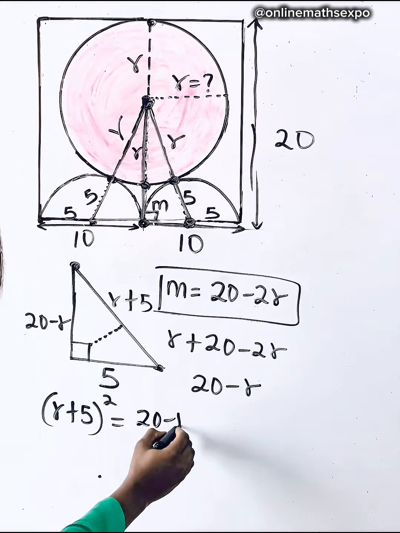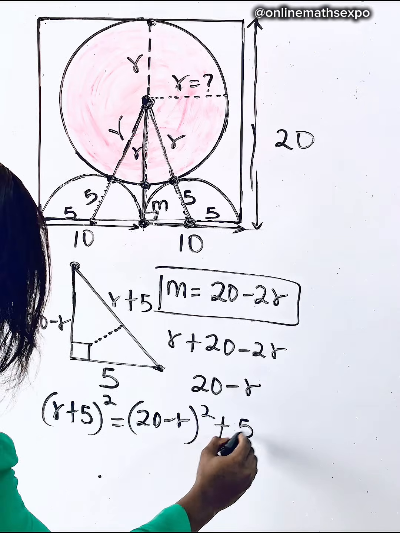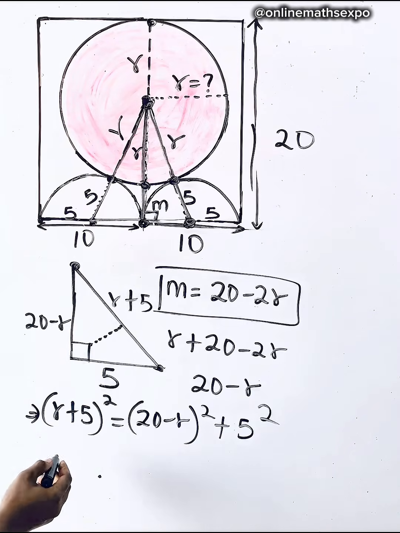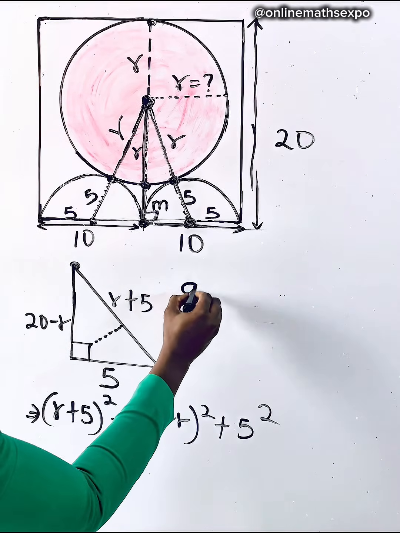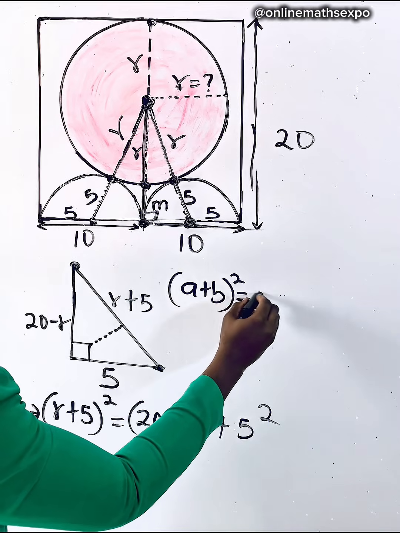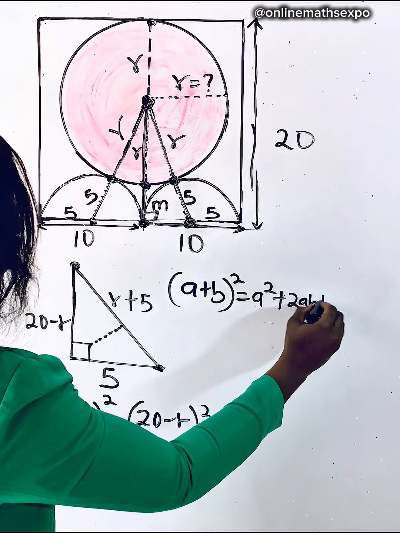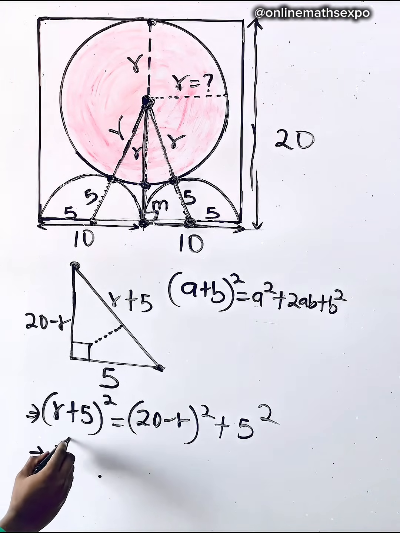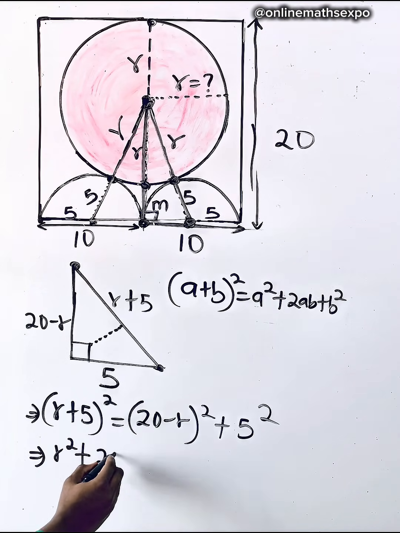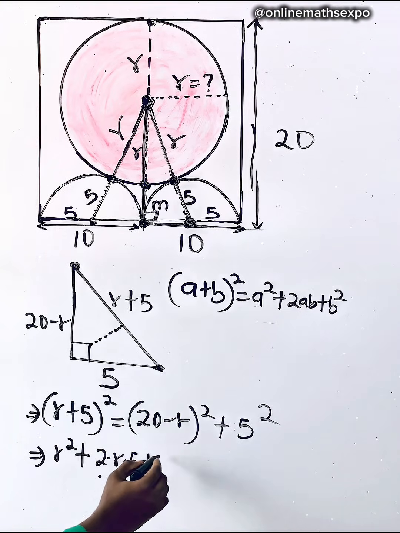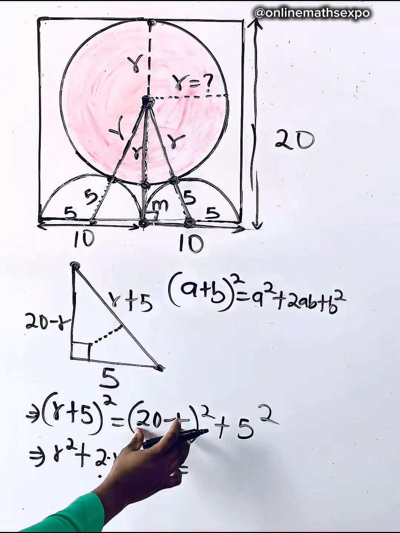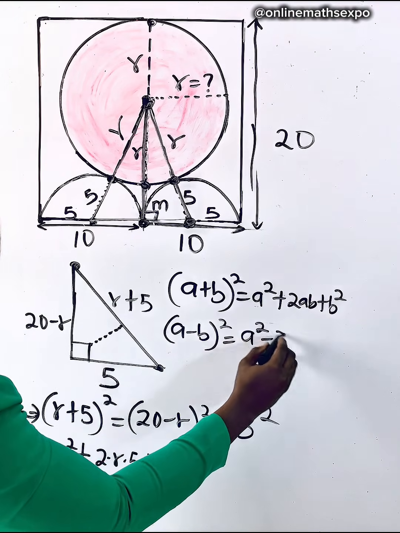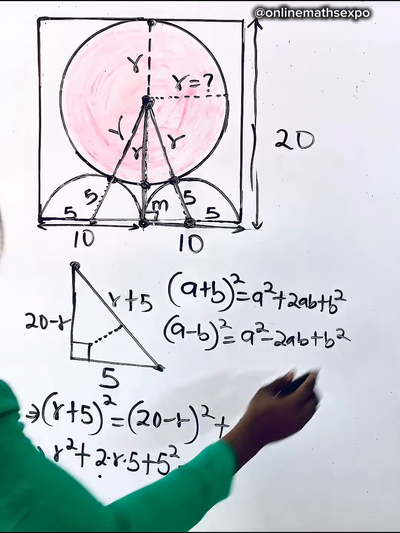So we have (20 minus R) squared plus 5 squared. Simplifying this, remember to expand this. For every (a plus b) squared, it's always a squared plus 2ab plus b squared. Now apply this here. We have R squared plus 2 times R times 5 plus 5 squared is equal to, expand this, for every (a minus b) squared, it's always a squared minus 2ab plus b squared.